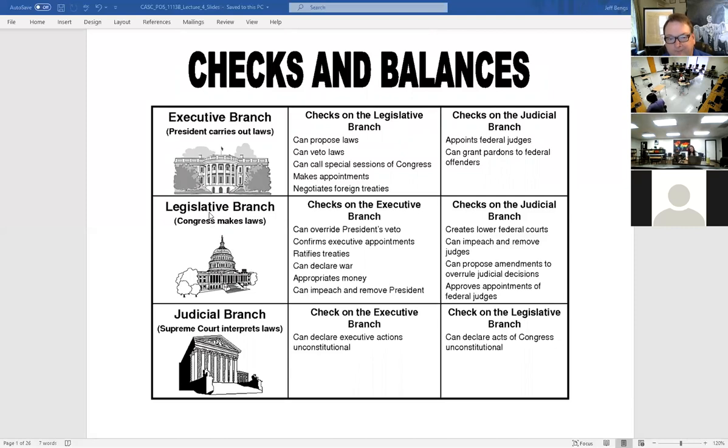For example, even though the Congress is what makes laws, the president and the executive branch can keep a check on that branch by vetoing laws that they pass. They can even propose laws, so that it's not just the Congress with all the influence.